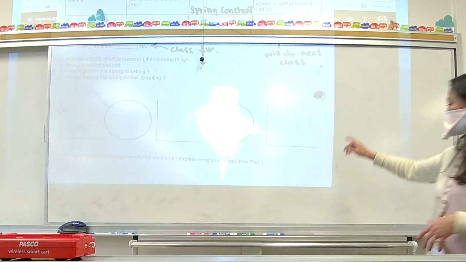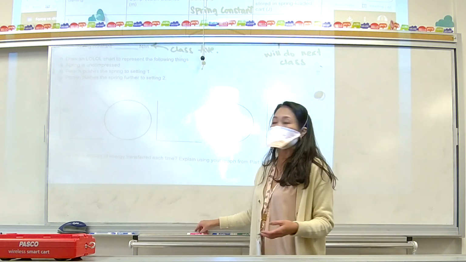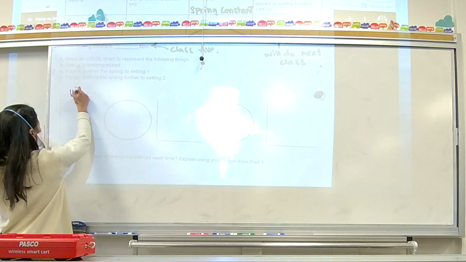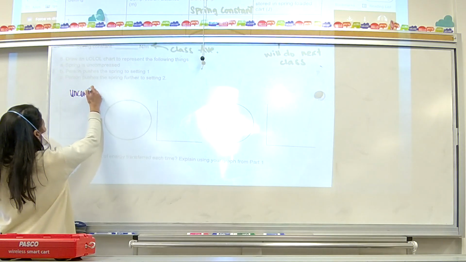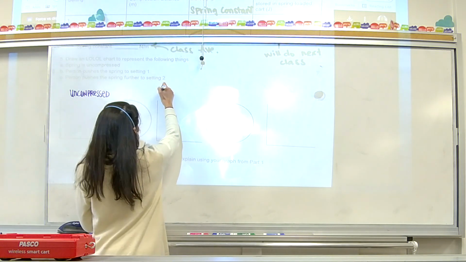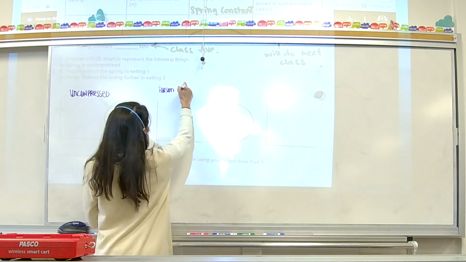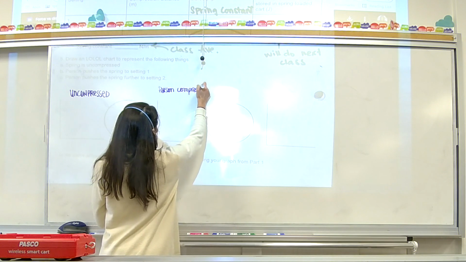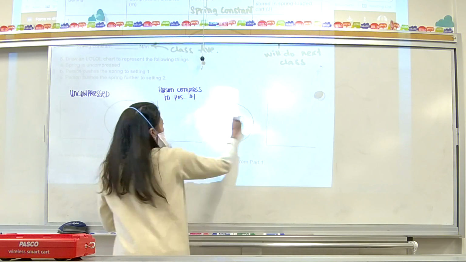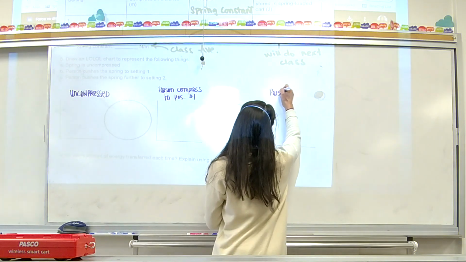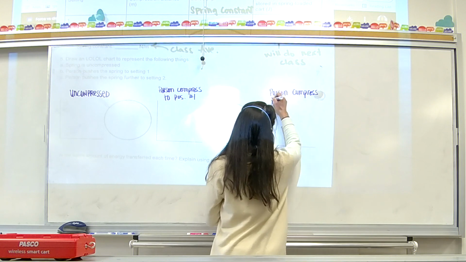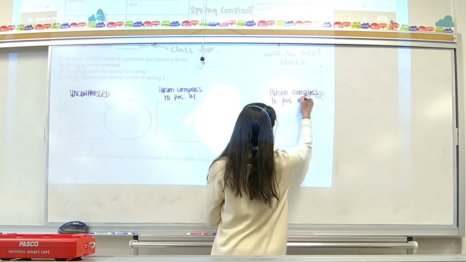We are doing an LOL chart to analyze the spring when it is uncompressed, when it is compressed, so person compresses to position number 1, and then person compresses it to position number 2.